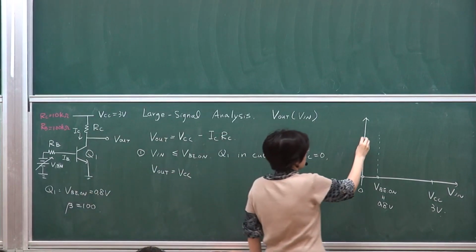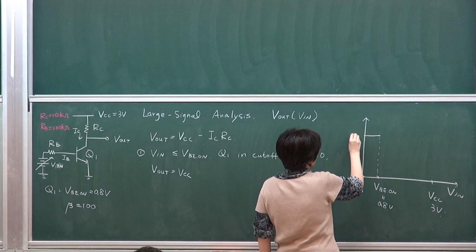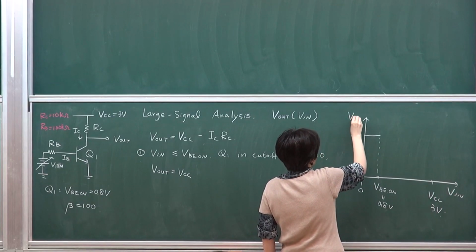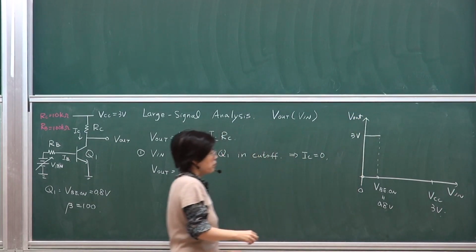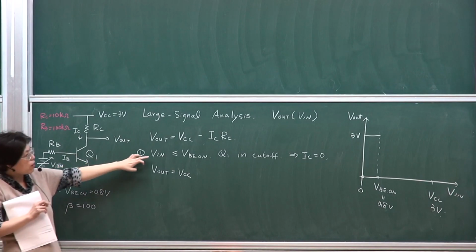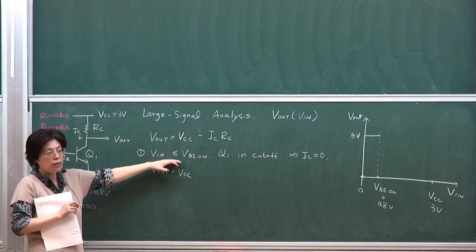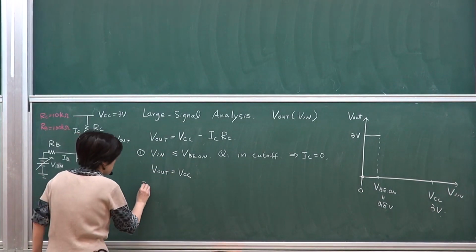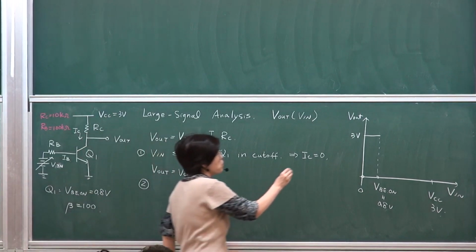So you start with VCC, which is 3 volts. So this is Vout. And then when it's higher, this is barely turned on. When it starts to move higher than VBE on, we assume region number 2, so this is region number 1.